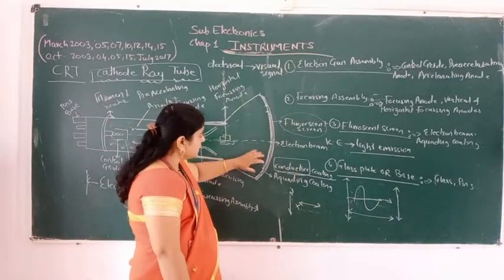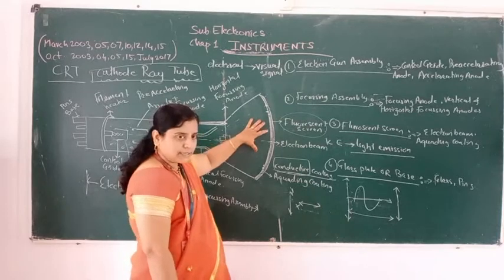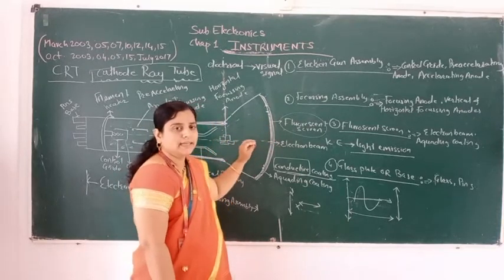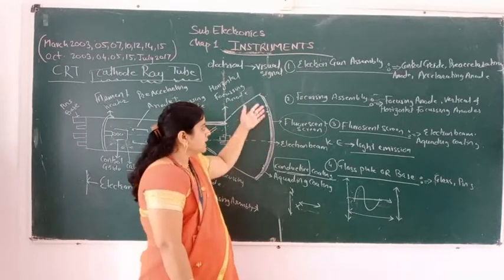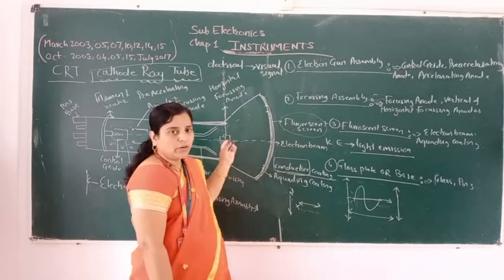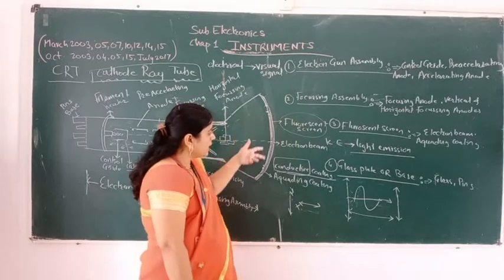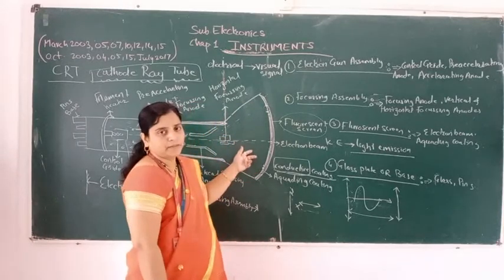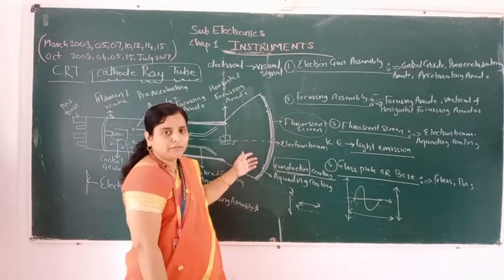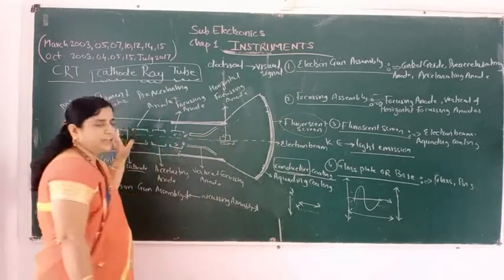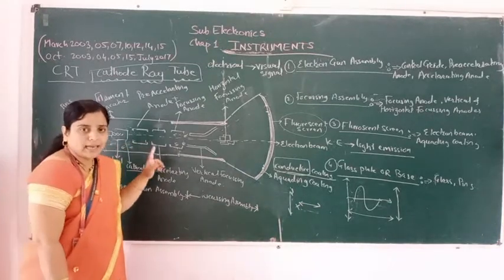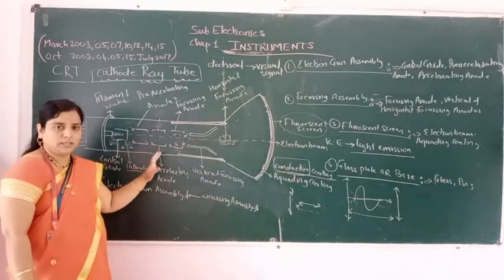After reaching the screen, the fluorescent screen has its function of converting kinetic energy into light emission and starts preparing the picture of that electron beam, so that the picture can be observed on the screen of this CRT. This is the main working of the cathode ray tube, which is used in the CRO, the cathode ray oscilloscope.